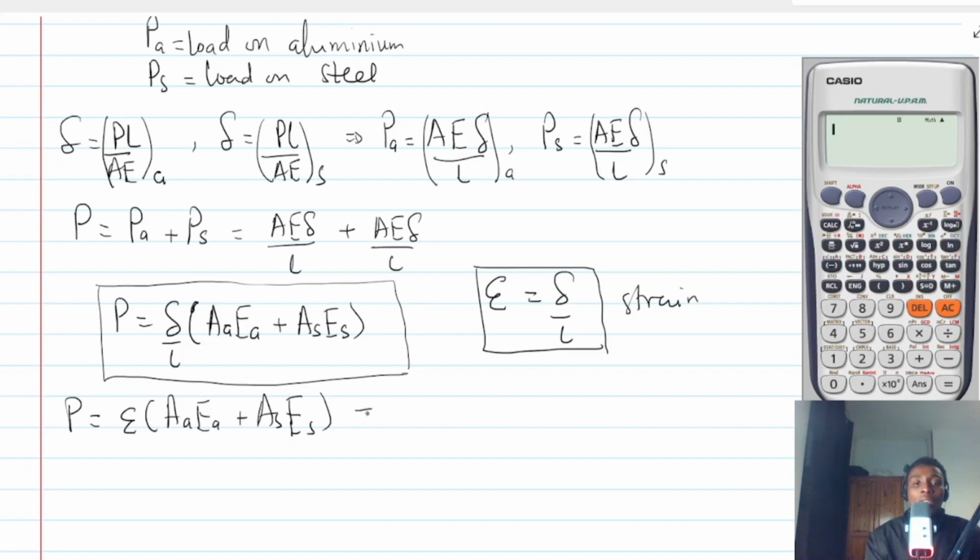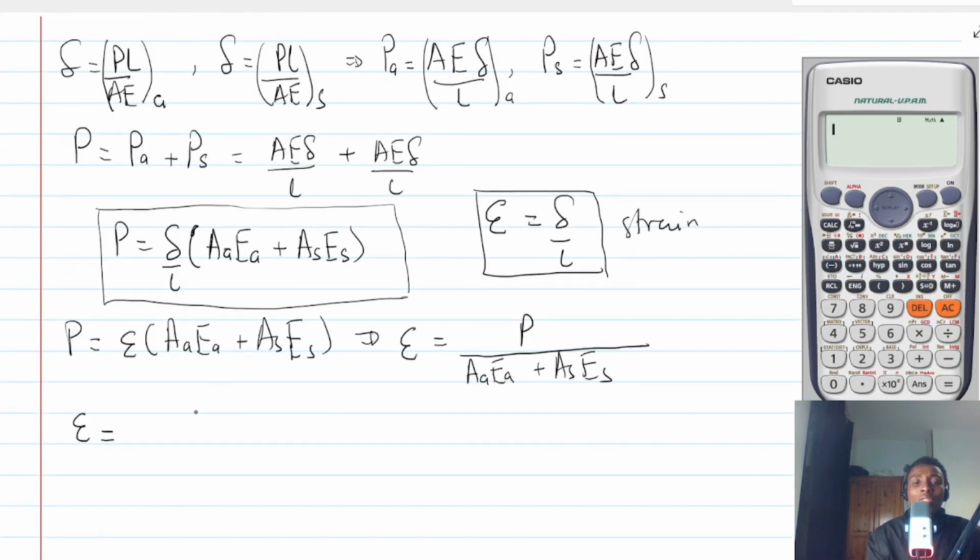So the total strain will be given by making the strain the subject. It will be P divided by AAEA plus ASES. So epsilon, which is the total strain, will be that.